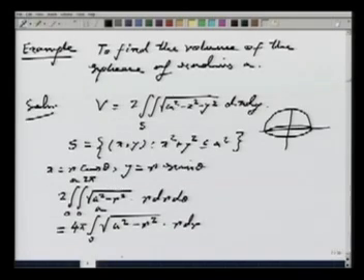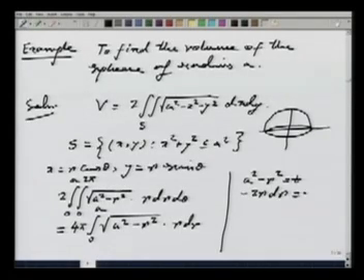You put, let us say, a square minus r square is equal to t, then minus twice r dr equal to dt.